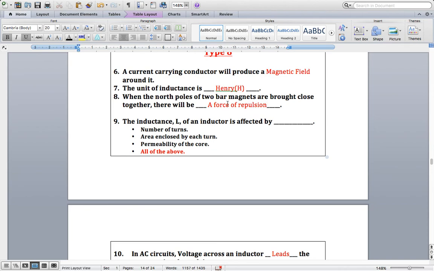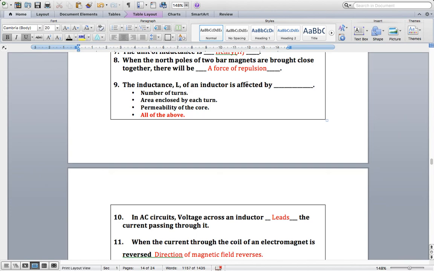If one south pole and one north pole are coming closer, they will attract. Like, you know that two positive charges repel each other, but a positive charge and a negative charge attract, right? It's similar to this one. So this is force of repulsion because you are bringing two north poles, which means two same signs.